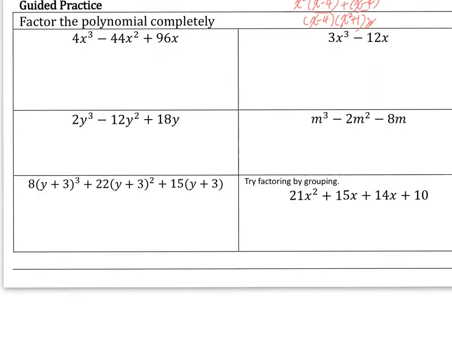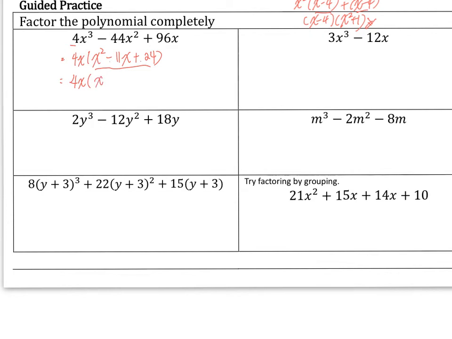Okay, let's do more practice. Okay, and I look at this first example here, and I know I need to find the GCF. So the GCF between these 3 terms will be 4x. And now I see that I can factor this trinomial into a product of 2 binomials.